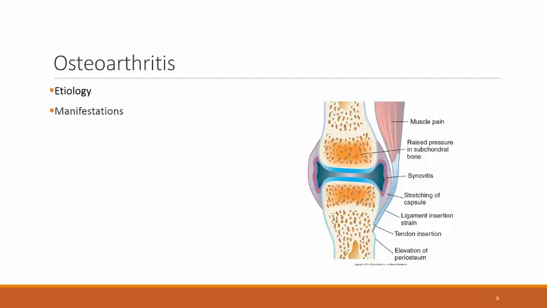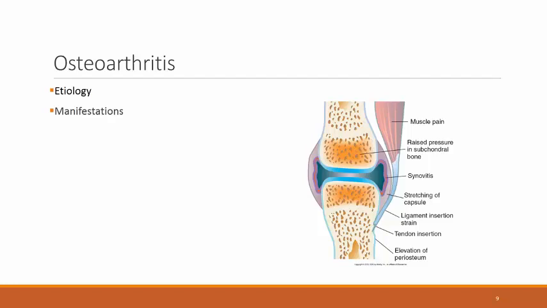So the patient will have muscle pain, pressure in subchondral bone will increase, the capsule stretching will cause pain, and the ligaments and tendons will be straining, and the periosteum will be elevated.